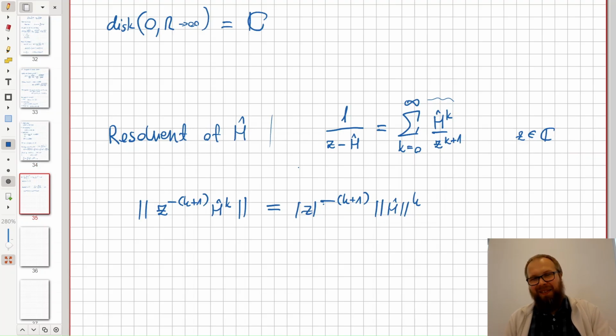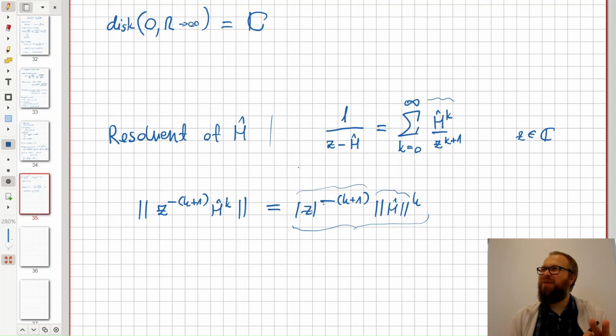Whether this is a term of a power series is a matter of interpretation. If you look at the norm of H as the argument, then it's a straight-up power series. But maybe 1 over z is the argument, then it's not really a power series.